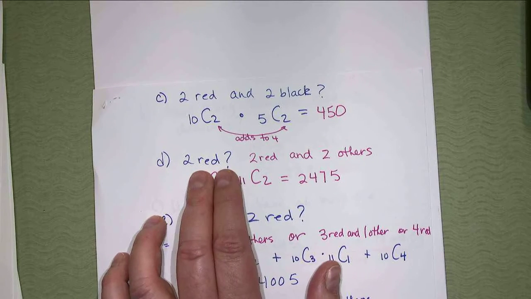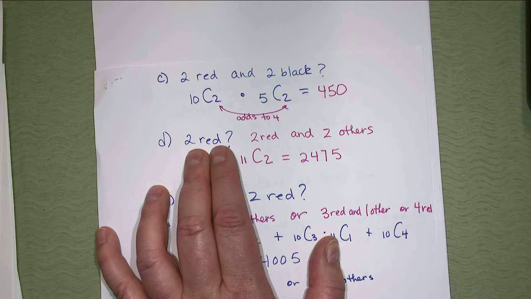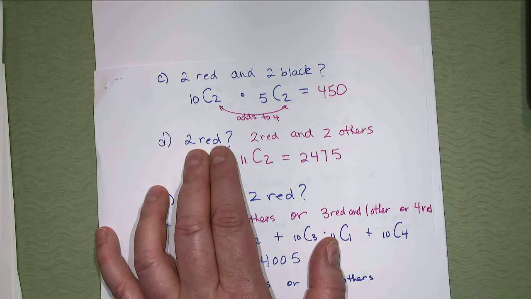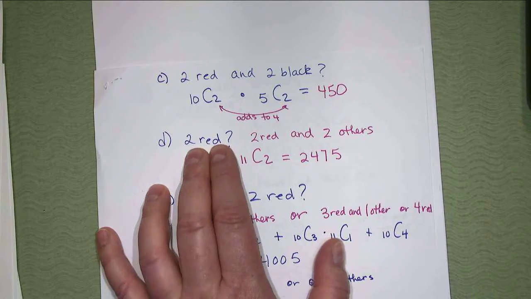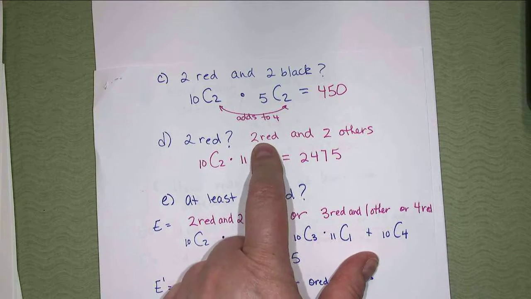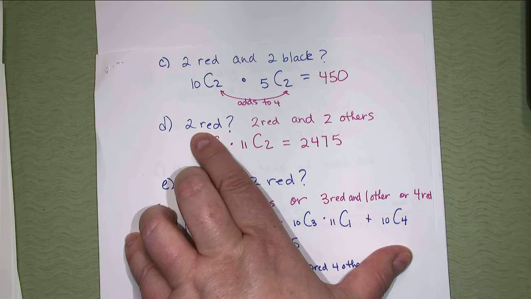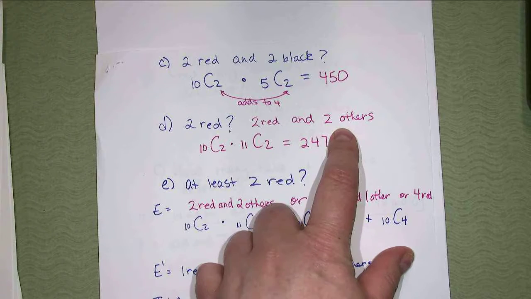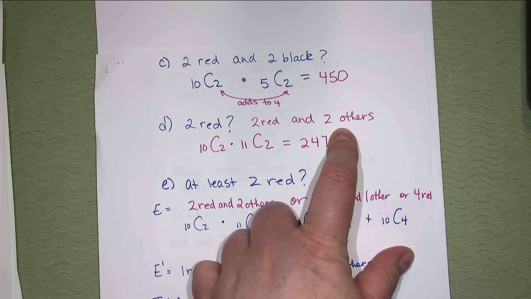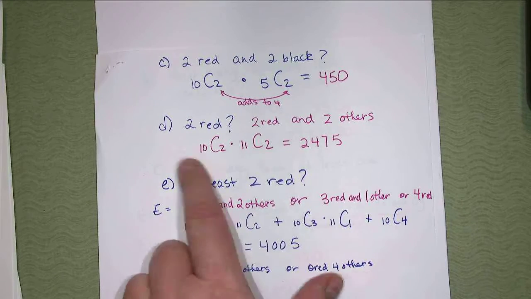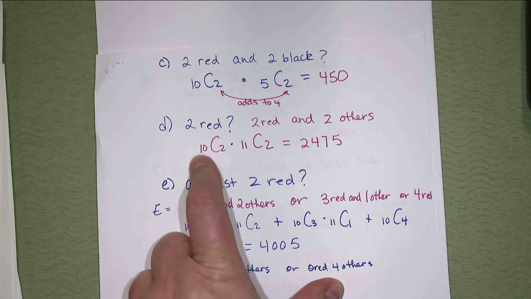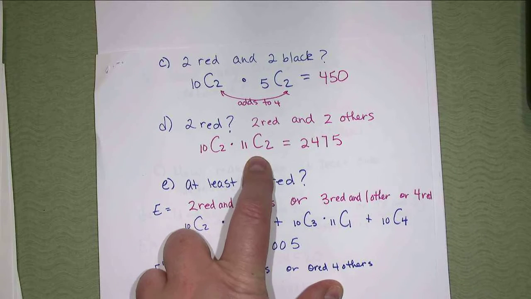2 red. So this is where it's different. We're selecting 4 in the original question, and this just says 2 red. So what are the other 2? Anything. So this just is 2 red, and 2 others that aren't red. How many red were there? 10. So out of the 10 red, we want 2. And this is the 11 others.